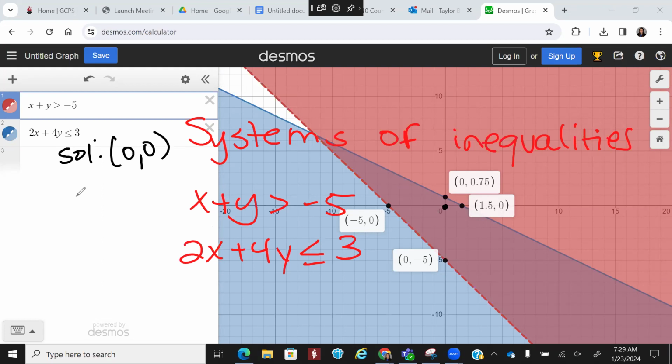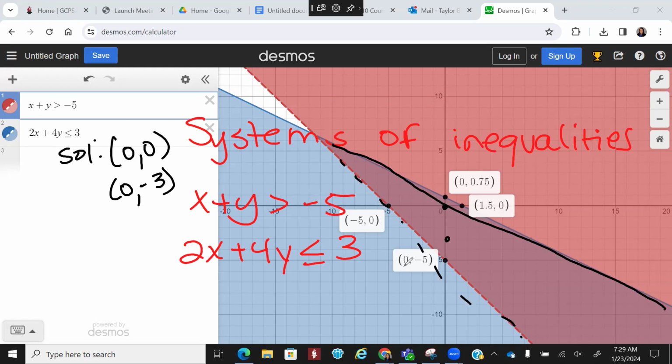Say it again. 0, -3? Okay, cool. Anything on this line would also be a solution. But nothing on this line would be a solution. Why? Because it's a dashed line, right? Dashed line, not a solution. Solid, yes.